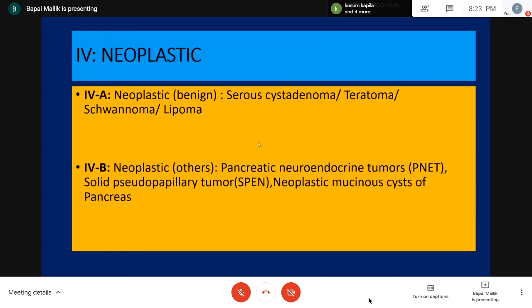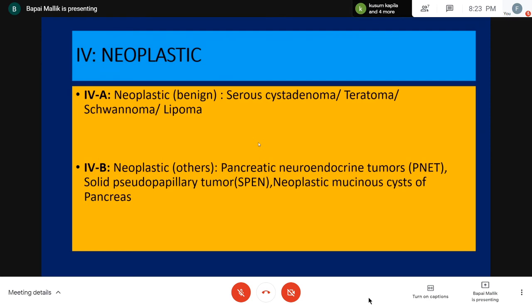The rare cases of pancreatic teratomas, schwannomas, and lipomas are put in this particular category called 4A, neoplastic benign. But then there is another group, which is neoplastic others. The typical tumors in this group are pancreatic neuroendocrine tumors, solid pseudopapillary neoplasms (SPENs), and neoplastic mucinous cysts of the pancreas.